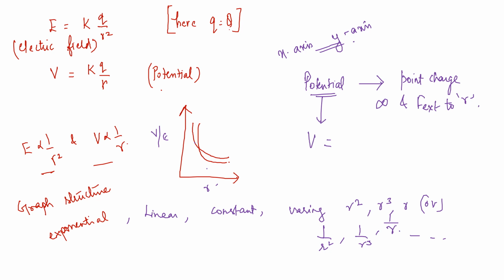Potential is defined at the position R as K into Q upon R, where W is the work done, which is also given by the same relation KQ upon R. So the work done on that system and the stored potential have the same value, they are equivalent. So that's all for today's class.